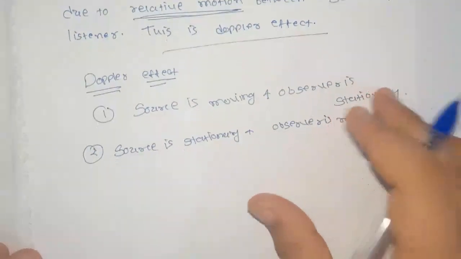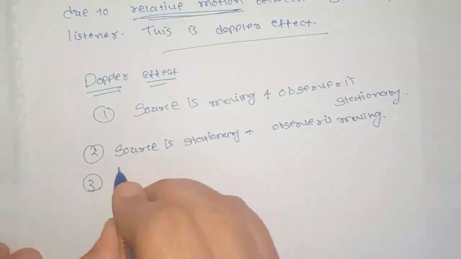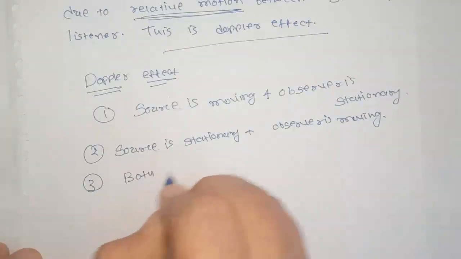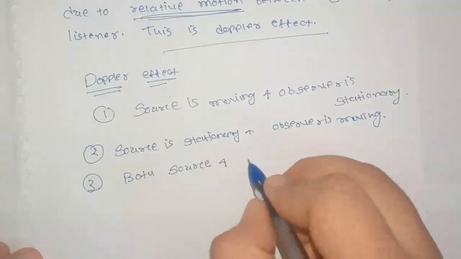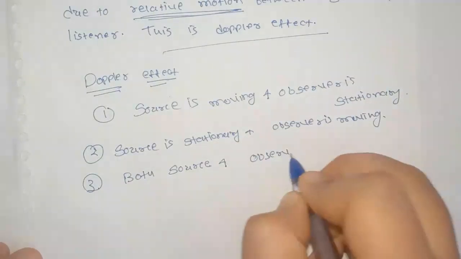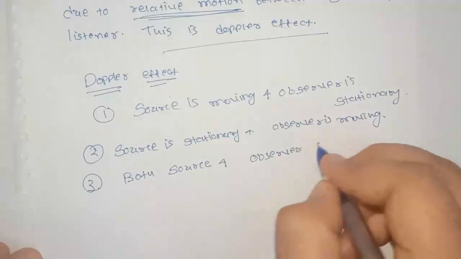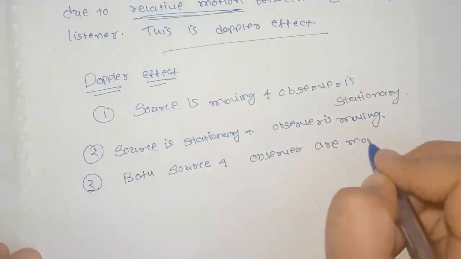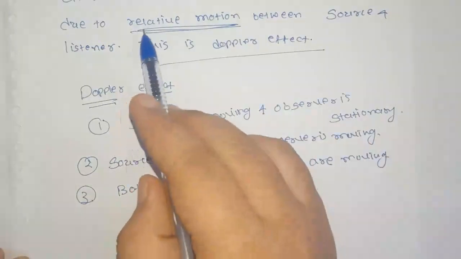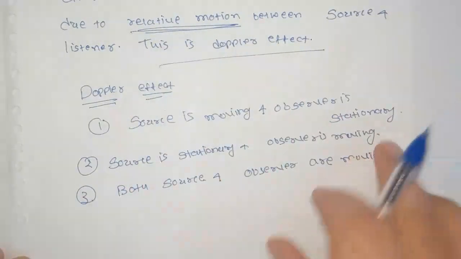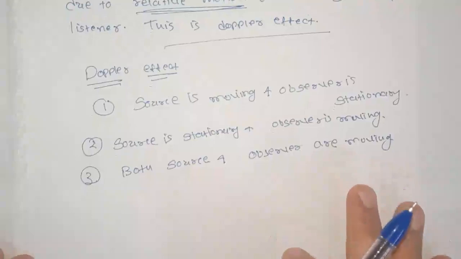And it can also be observed when both source and observer are moving. But the condition remains same, that there must be a relative motion between source and observer.